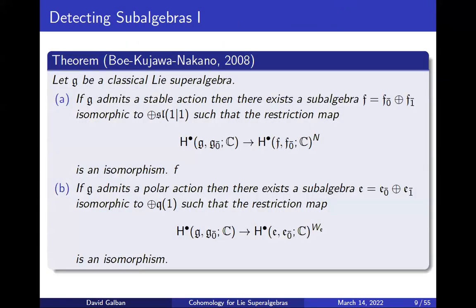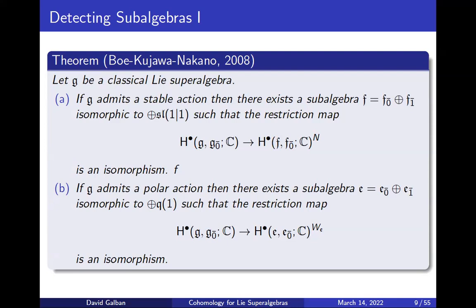And so back to that. SL(1|1) is just elements of GL(1|1), so essentially 2 by 2 matrices with a supertrace of 0. What we're saying here is that for G admitting a stable action, there's going to exist some subalgebra F that's isomorphic to a direct sum of copies of SL(1|1).